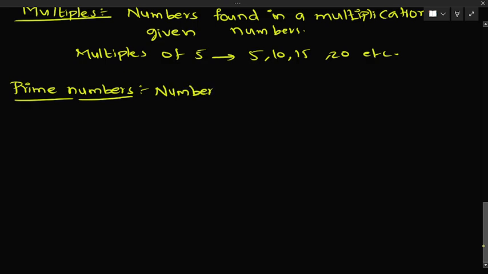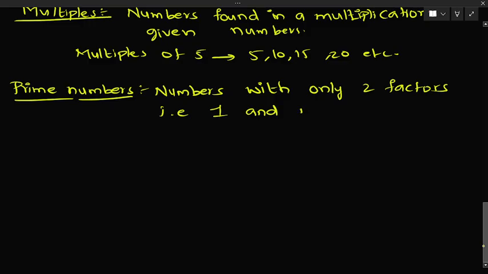Numbers with only 2 factors, that is 1 and itself. For example, what are the prime numbers? 2, 3, 5, 7, 11, 13, etc. and goes on.